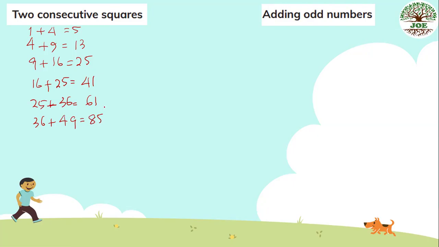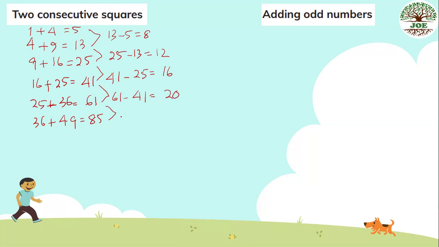So let's take the difference between them again. 13 minus 5 is 8. And 25 minus 13 is 12. And 41 minus 25 is 16. And 61 minus 41 is 20.